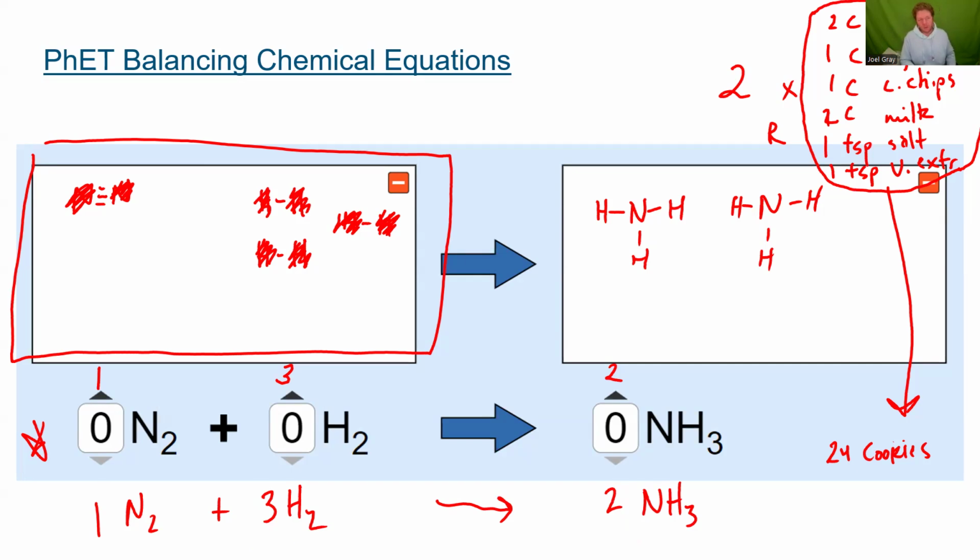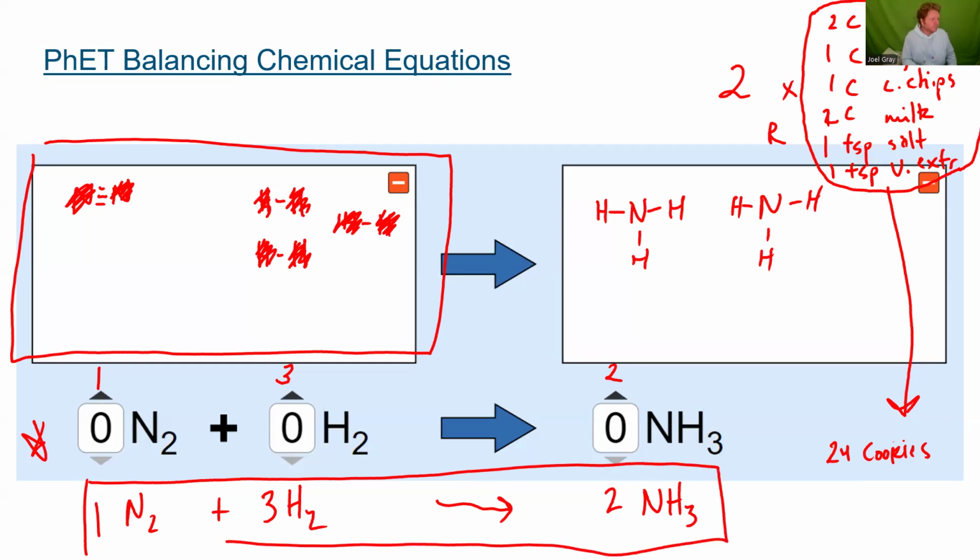Add a Y for yes and N for no. No, I can't. If I reduced 1 to anything, it'd be 0.5. So this right here is my minimum whole number ratio of reactants to products. That is what I'm aiming for whenever I look to get a balanced chemical reaction. Does everyone follow that?